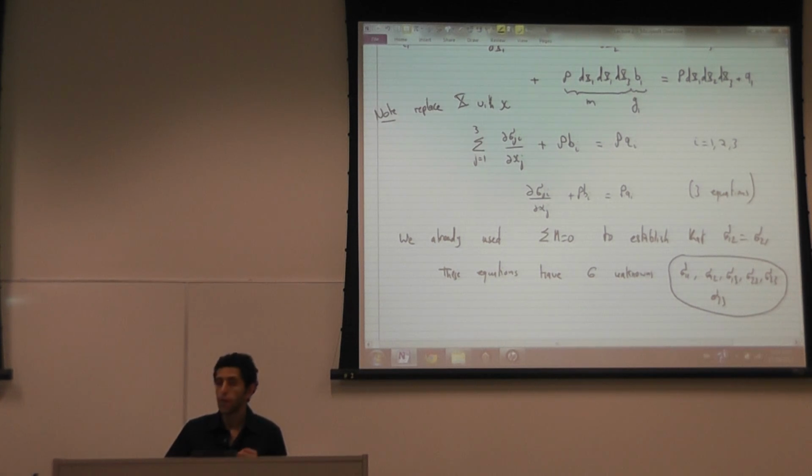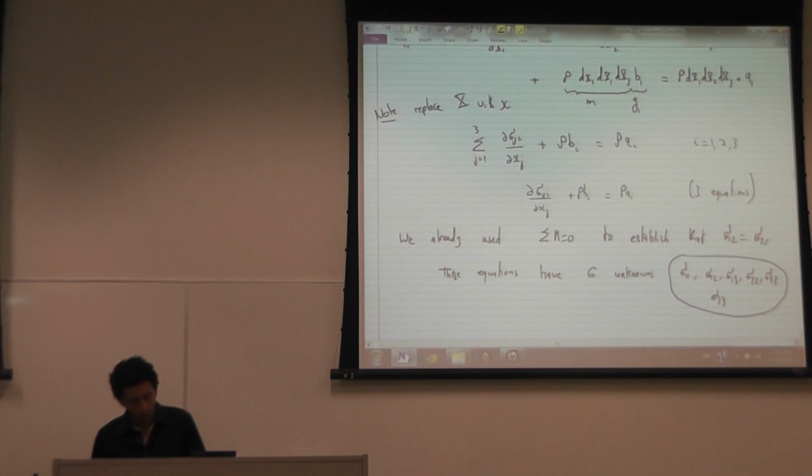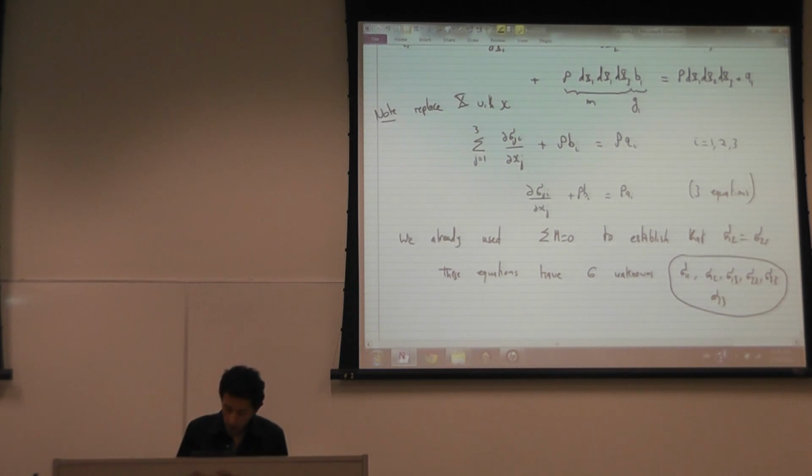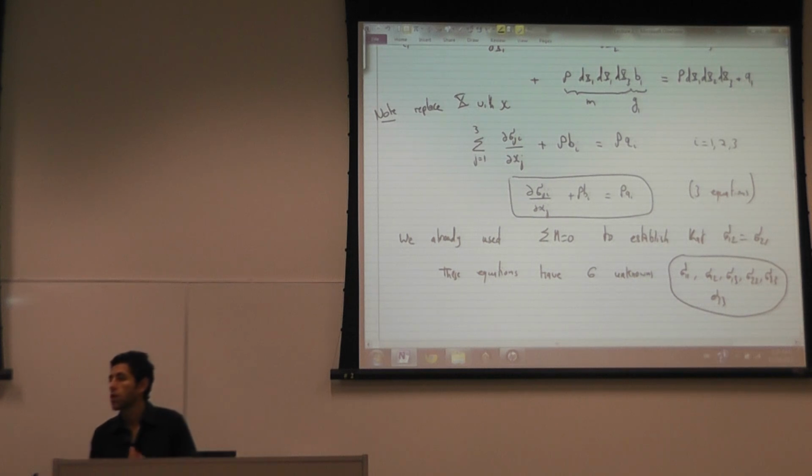Not only this, the boundary conditions of the problems are not necessarily given in terms of the stresses. They're given in terms of displacement as well. And because the boundary conditions are given in terms of displacement, I need to replace this equation with another form that contains the displacement rather than the stresses.